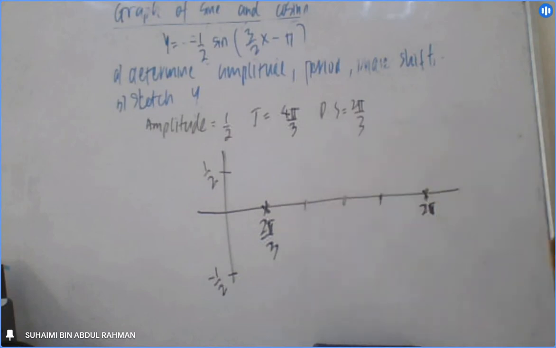What are the points there? The length of each point. What is the length of each point? 1/3, sir. Pi over 3, not 1 over 3, pi over 3.